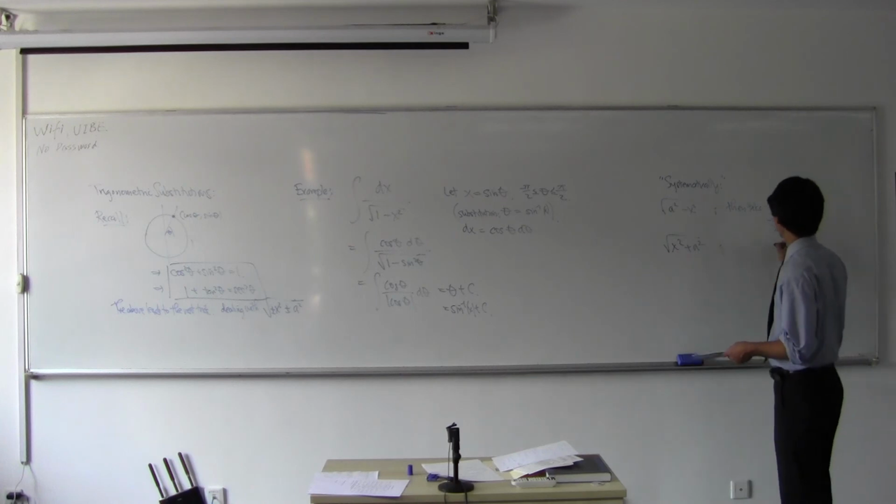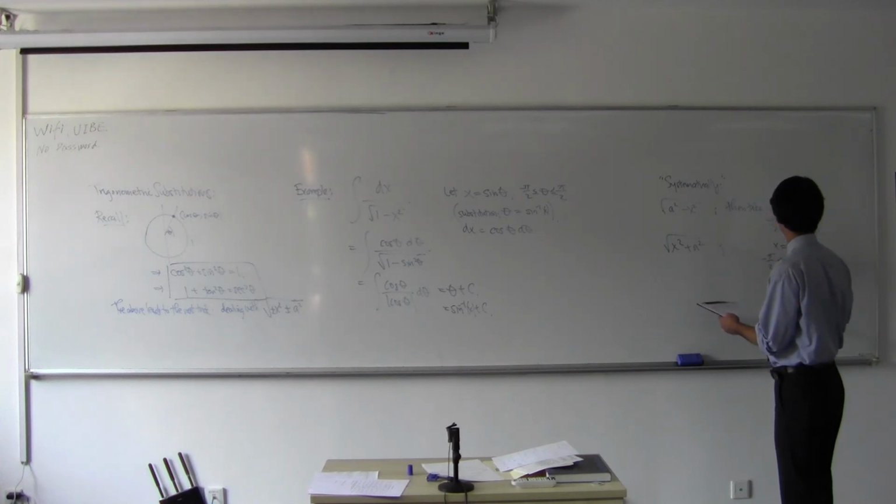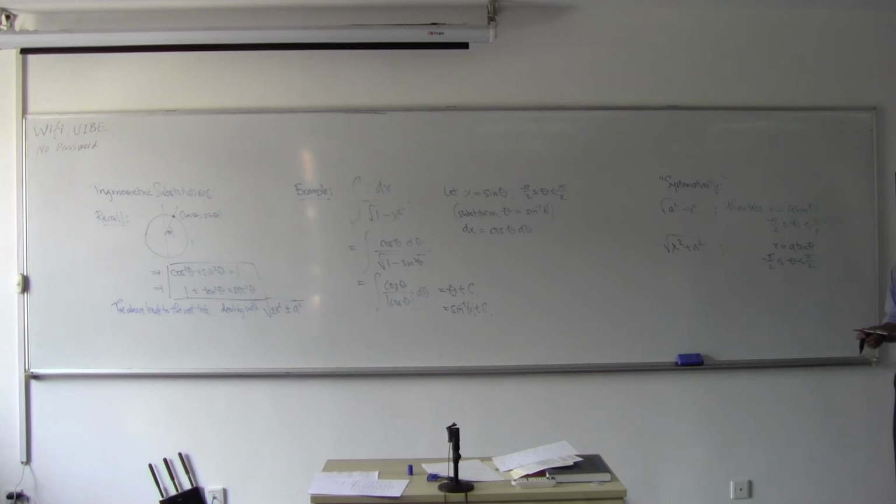Yeah, use the tangent. So you say let x be a tangent theta. And again, you need to do some restriction on where theta is, because really what you're using is the inverse tangent function. So theta has to be between negative pi over 2 and pi over 2.